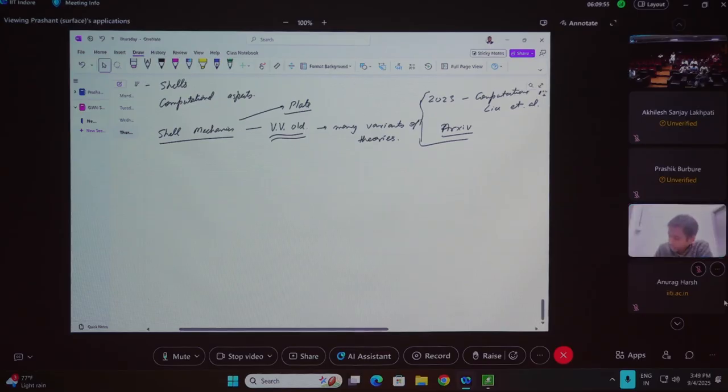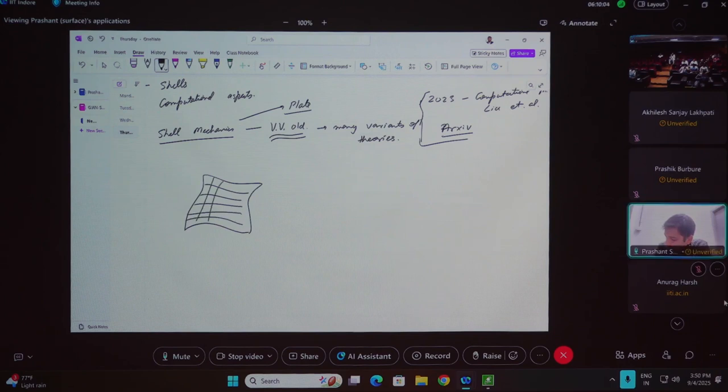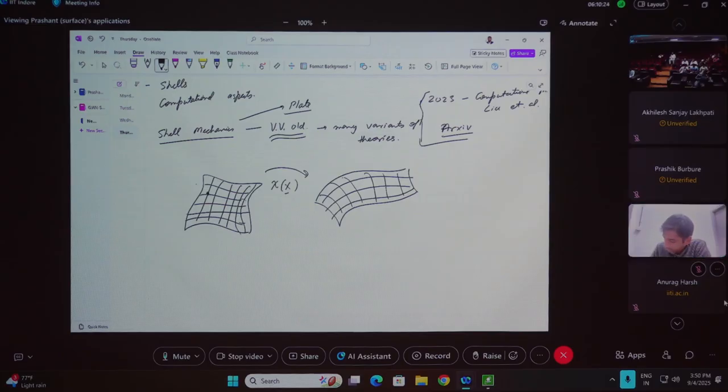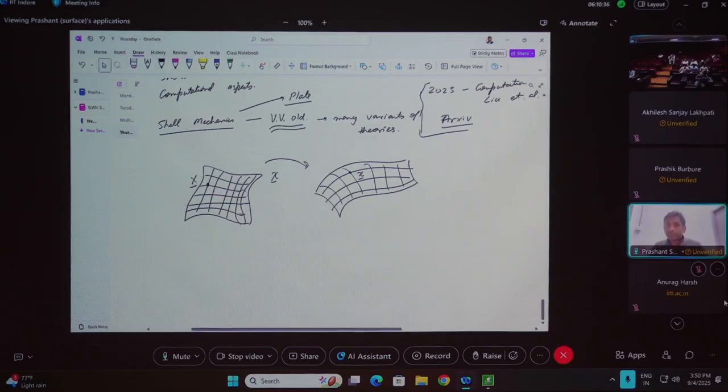Normally, let's say you have a shell, and we have these grid lines to show that this is a surface embedded in a 3D space, and it undergoes some deformation, which is given by a deformation function chi of X. You have a point capital X here, you have a point small x here, so small x is just a function of capital X. So you've got some deformation function, the standard idea of continuum mechanics.